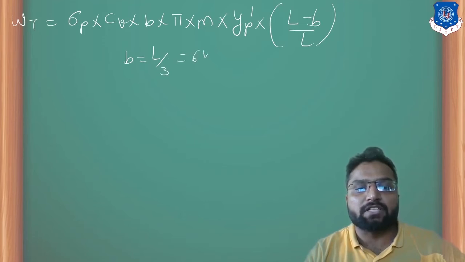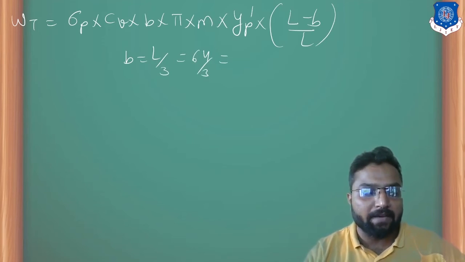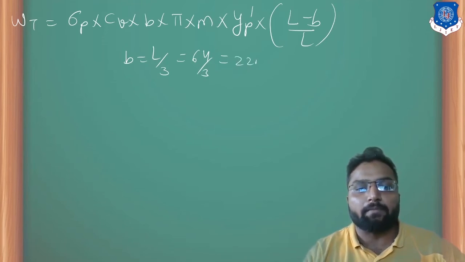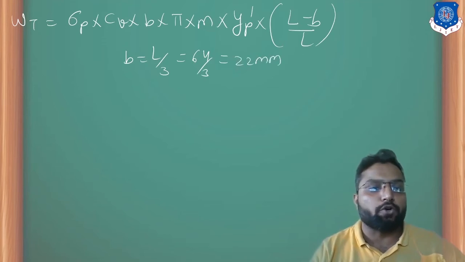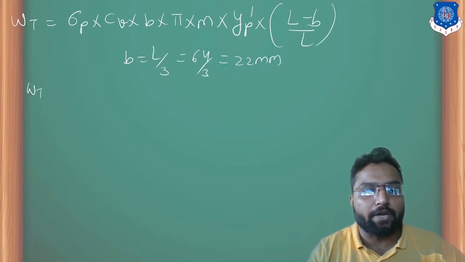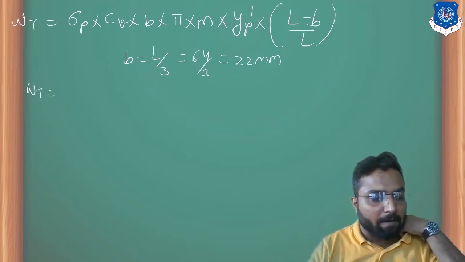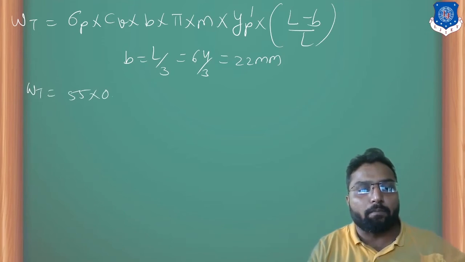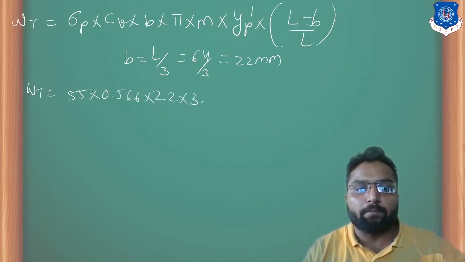So slant height is about 64 divided by 3, so ultimately b will be around 22 mm. Let's put all these values into Wt. So Wt is equal to sigma p, which is 55, into 0.566 into 22 into 3.14 module, which we have to find.